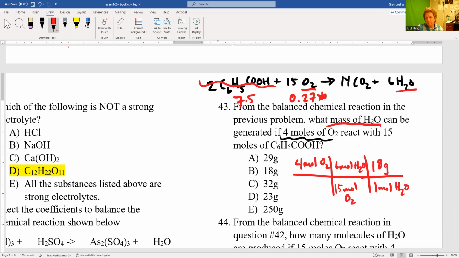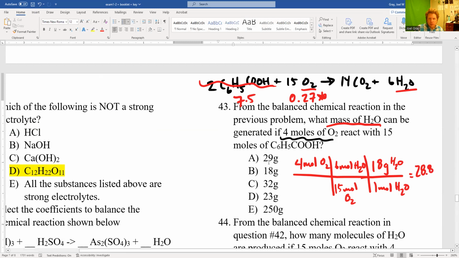That 18 grams comes from the periodic table: 16 for oxygen, and then 1 for each hydrogen. So 4 times 6 times 18, divide that by 15, and I get 28.8, which my best answer after that is going to be A, or 29 grams.